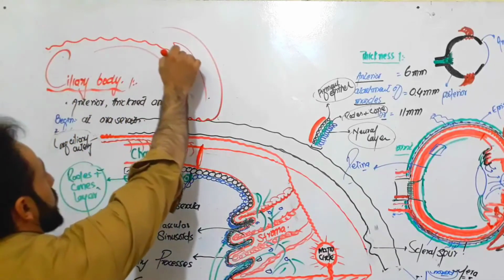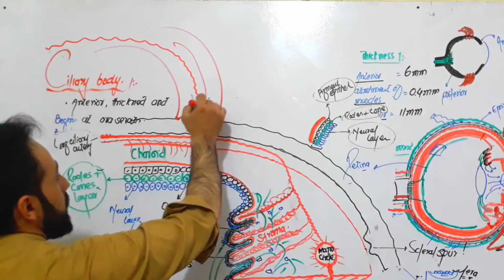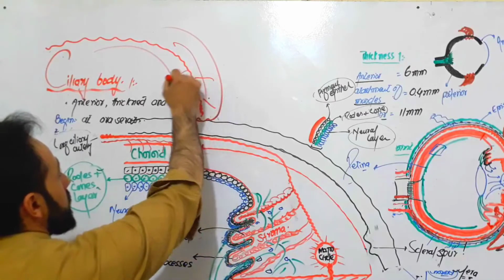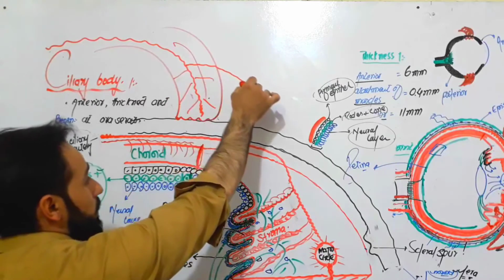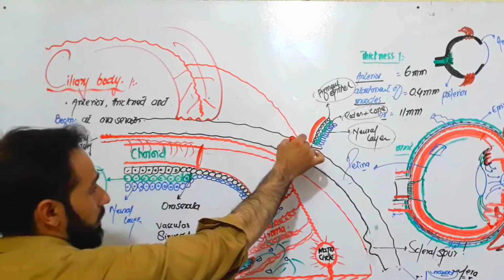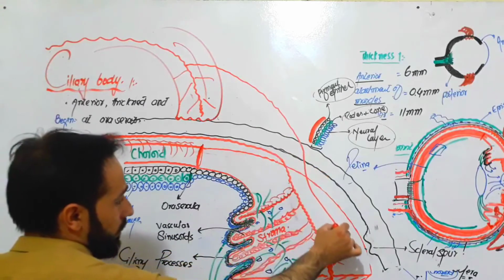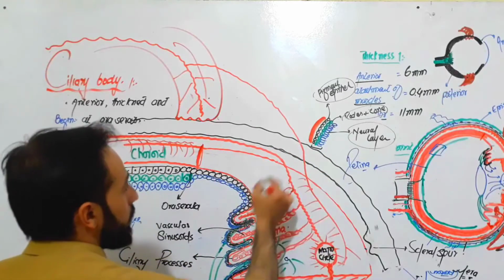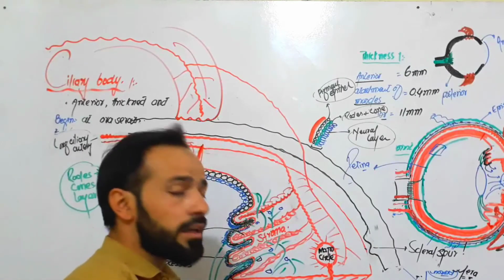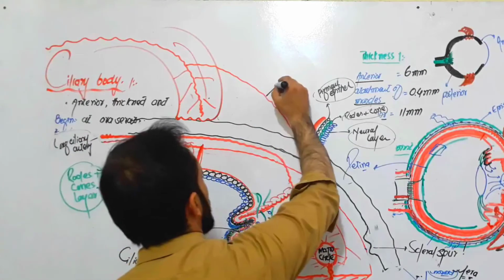The muscular branches supply the extraocular muscles, and from these muscular branches some branches will separate, pierce the sclera and enter the ciliary body. So this is called the anterior ciliary artery.